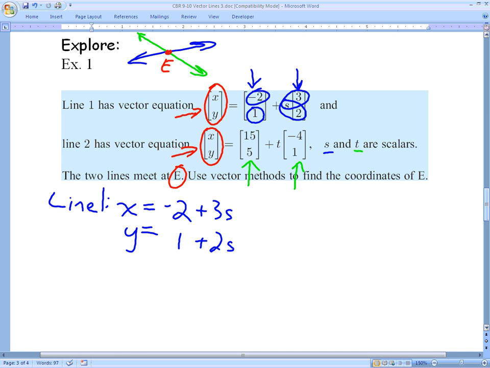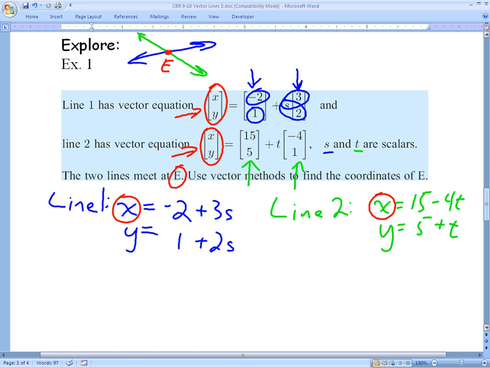For line 2, we also have parametric equations, and that's going to be x equals 15 minus 4t, and y equals 5 plus t. Again, we know there's some point that exists where this x value will be the same as that x value. So let's go ahead and set these equal to each other.